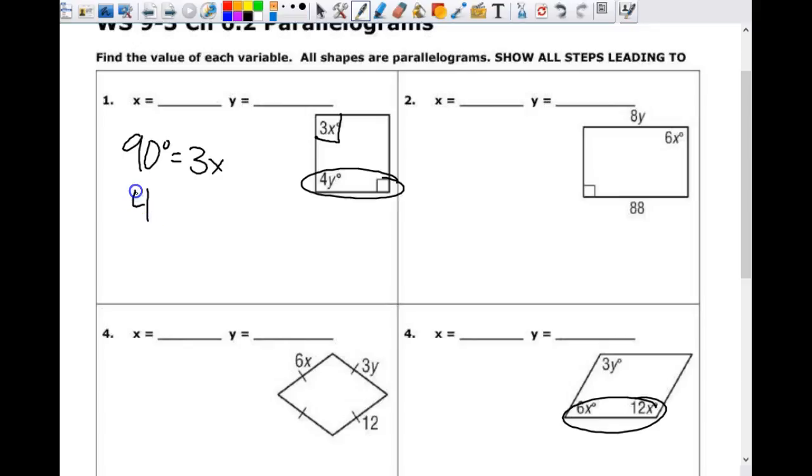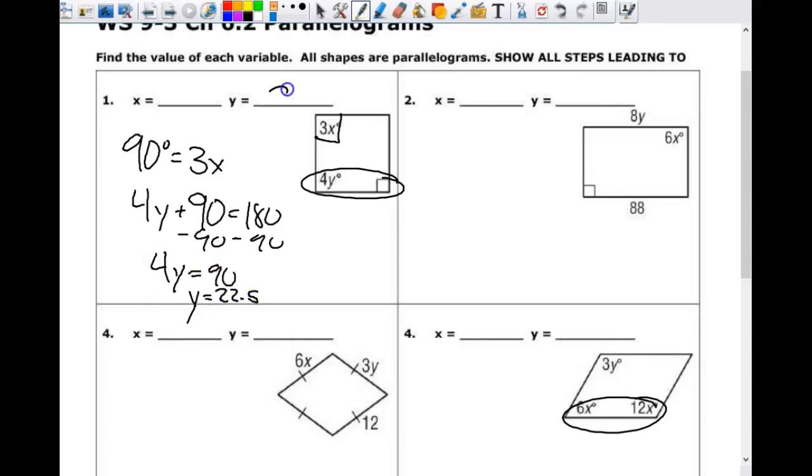So 4y plus 90 equals 180. If we wanted to solve for this, we would subtract 90 from both sides. 4y equals 90. Y has to be equal to 22.5. X had to be equal to 30.